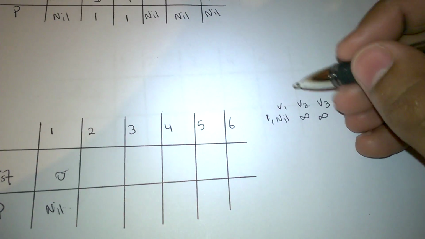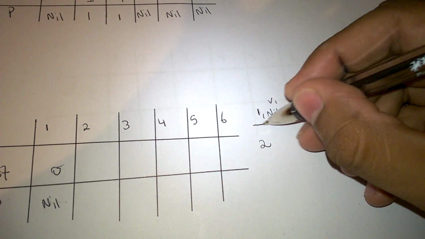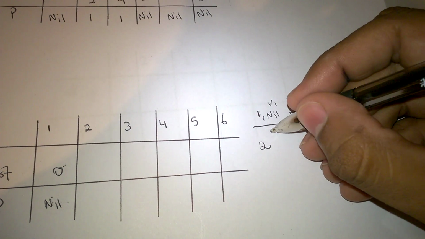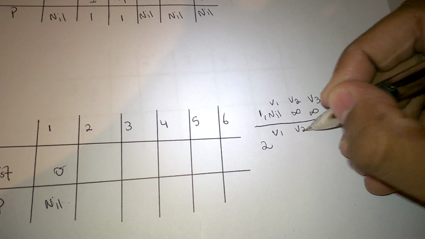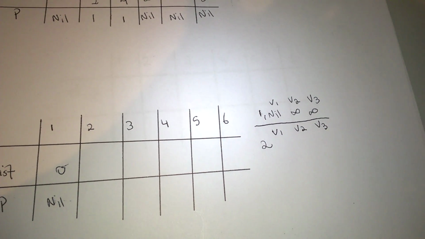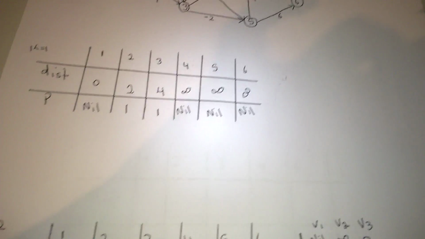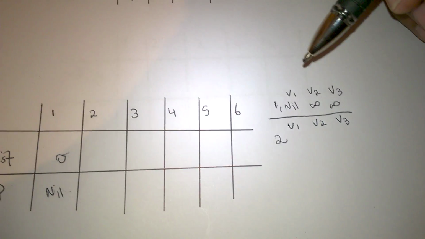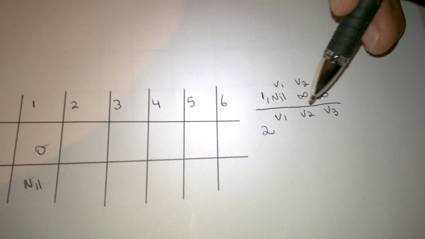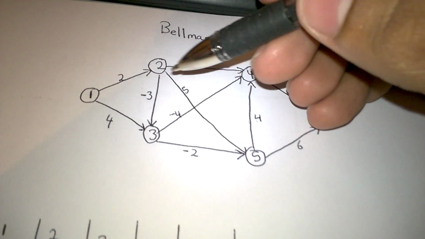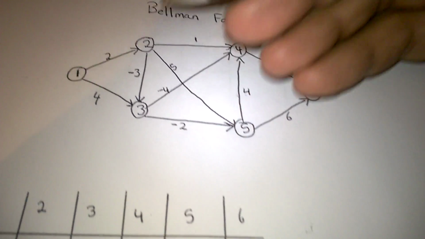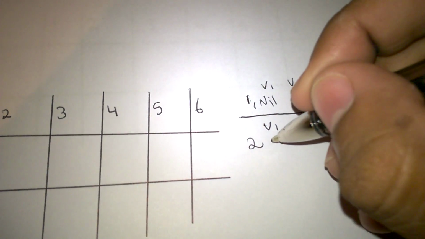So now we want to do the same thing but for value 2. Draw back v1, v2, v3. We want to see what is the cheapest to reach v2 from v1, v2, v3. So we go back to the table. To reach v2 from v1 is a cost of 2. So we come here and we update it here.